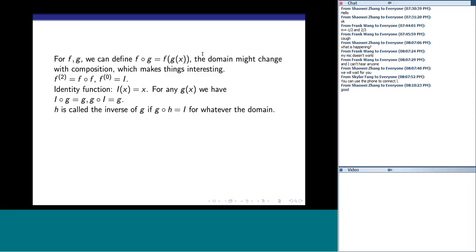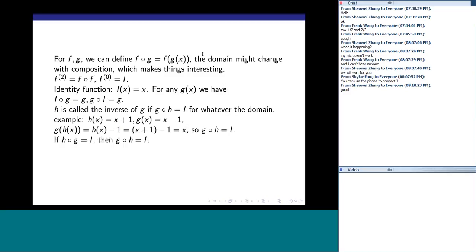So we also learn the concept called inverse. If G and H are inverses, the composition is the identity for whatever the domain. Example: Hx equals x plus 1, then the inverse is minus 1; sin x and arcsin x; log x and e to the x.